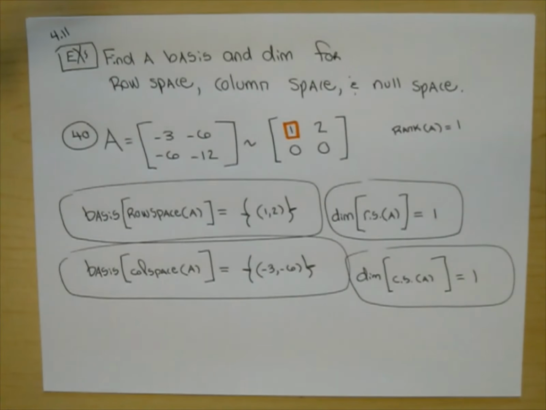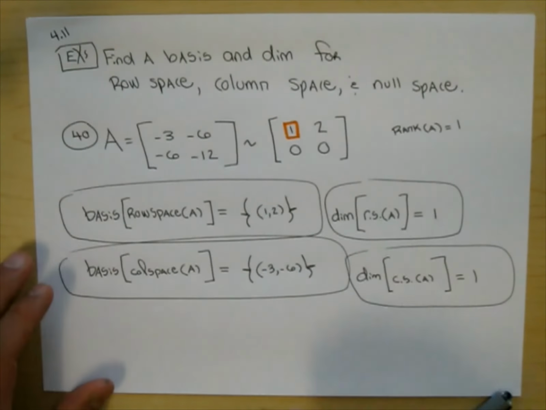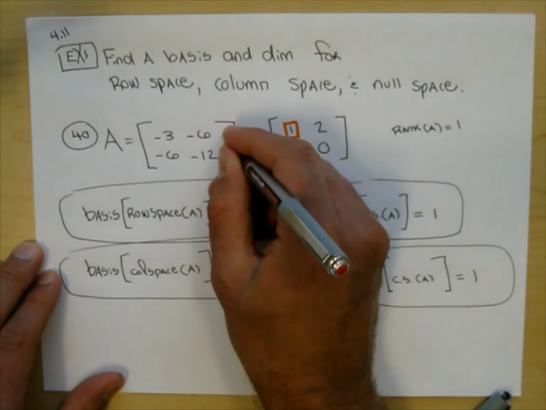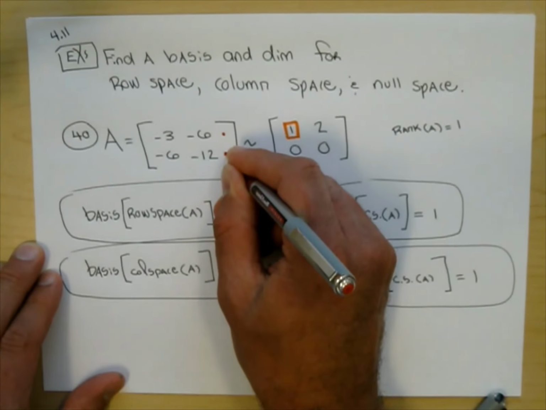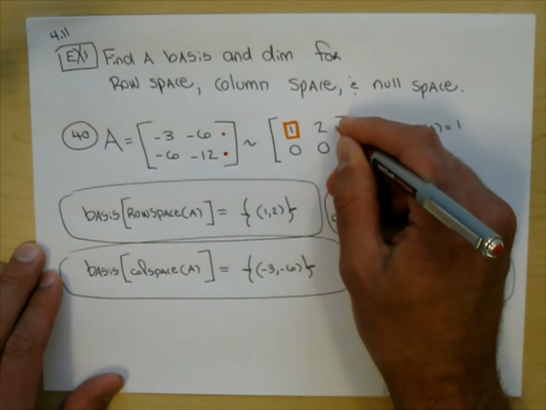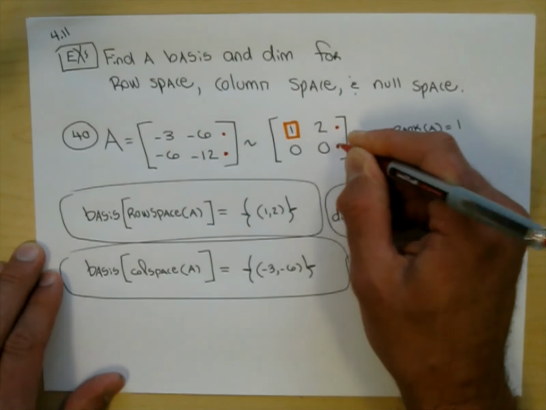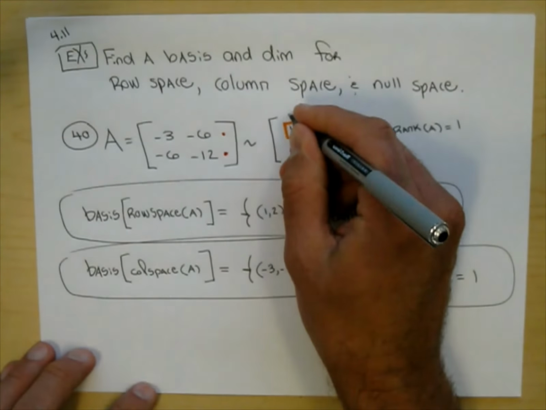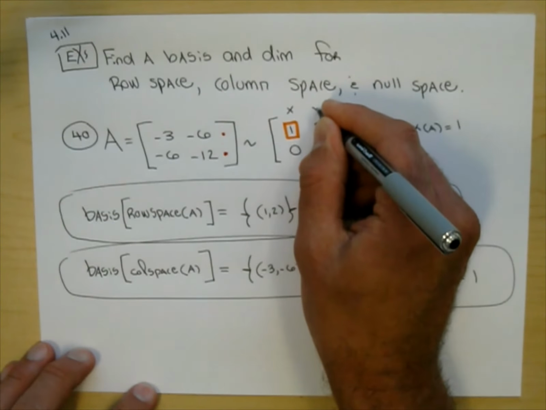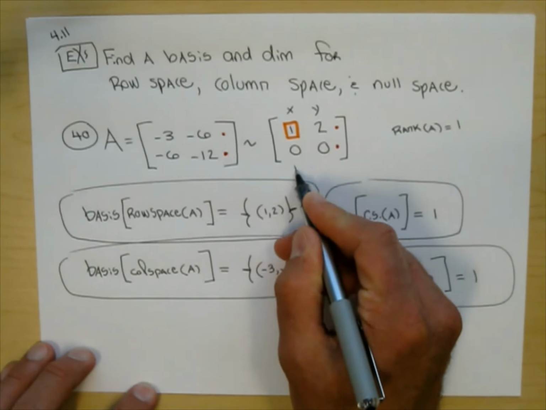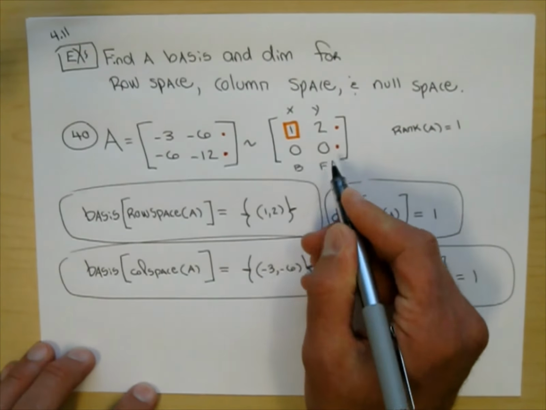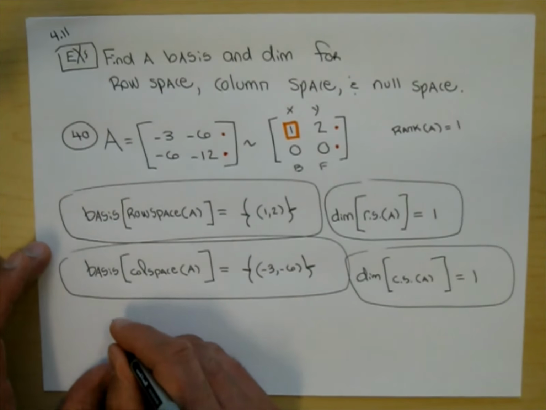They also want you to find the basis for the null space. The null space would be gotten by putting zeros there and doing row operations. So let's just say the zeros would still be zeros there. Your variables, whatever you want them to be, I'm going to call them x and y. I have y is free, y equals t.